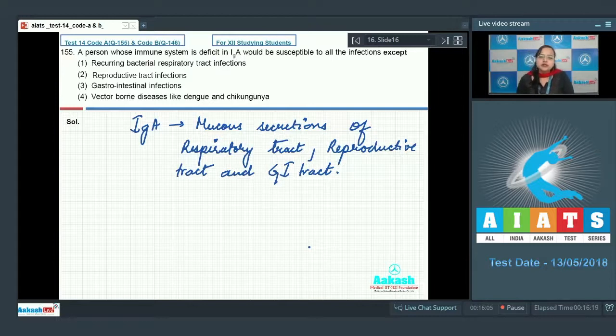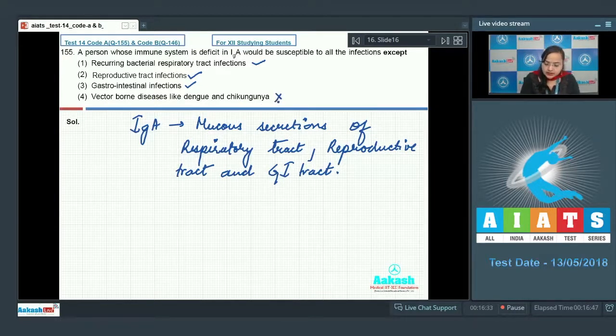So if a person's immune system is deficient in IgA, then that person would be susceptible to recurring bacterial respiratory tract infections, reproductive tract infections, and gastrointestinal infections. So options first, second and third cannot be the answer. Option 4 is given, vector-borne diseases like dengue and chikungunya.